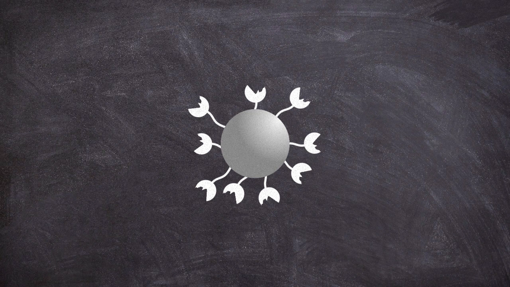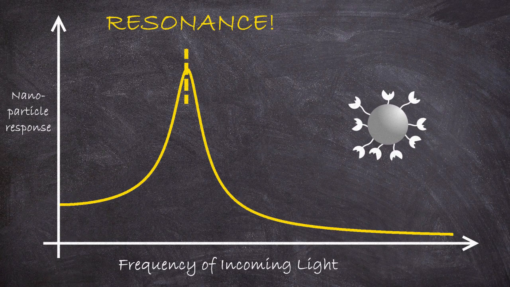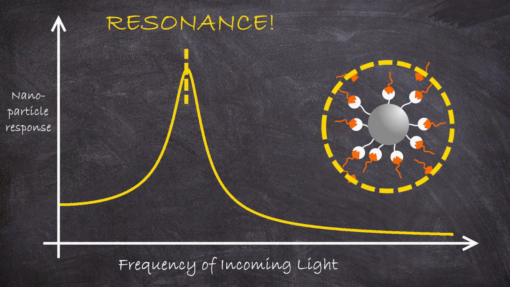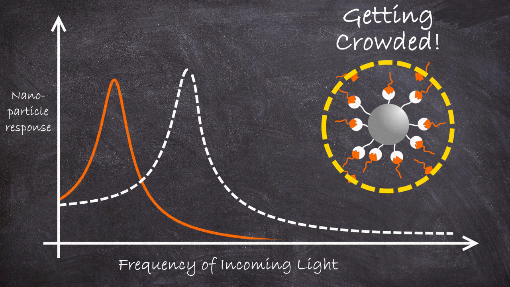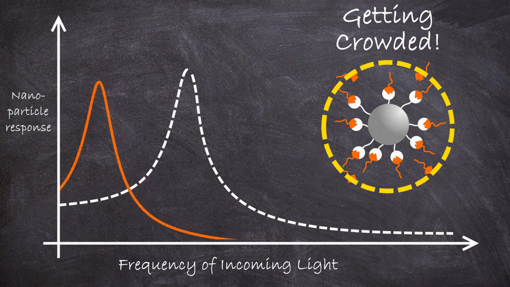Initially, when there are no analytes present, this nanoparticle will have its signature resonant frequency, which can be easily identified. However, once the analyte attaches itself to the ligand, and thus starts filling the space around the nanoparticle, the environment has changed. And as we said, when the medium surrounding the nanoparticle changes, this resonant frequency shifts downwards. And this is something you can very clearly detect.